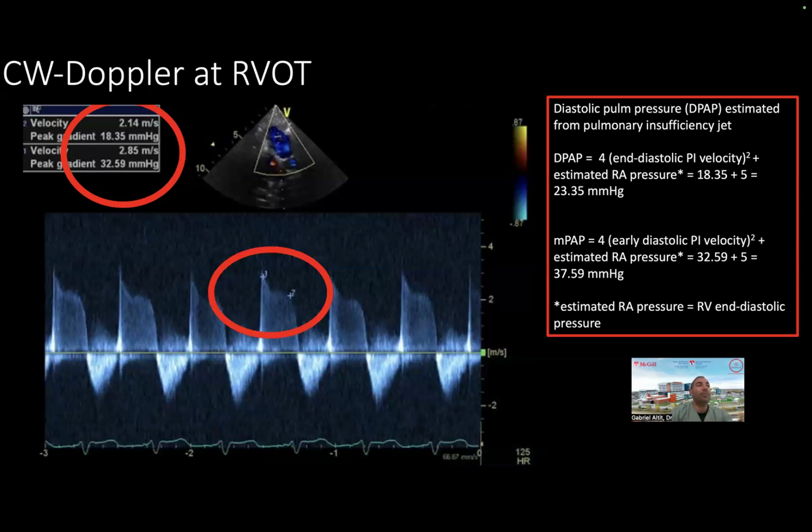Often in peds and often in NICUs, the pulmonary insufficiency jet is not enough of a jet, and so you can only get either a peak or sometimes you're able to get the end. It's very rare you get both because you often don't get a full envelope. When you get a full envelope, you have to be very worried that you actually get too much PI, and that's a problem with this metric: if the pulmonary insufficiency is significant, so moderate to severe, you can't really use that because there's rapid equalization during the diastole, okay?